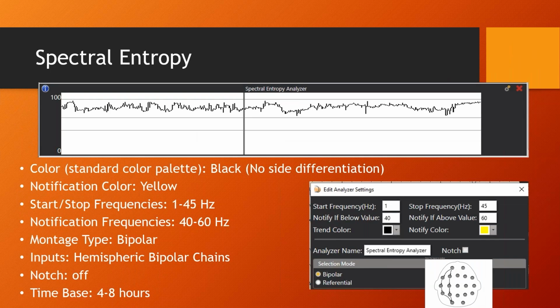Typically if people are going to use the spectral entropy, they may want to set some sort of an alert that tells them that the spectral entropy value is above or below a specific value. So you're allowed to set the values here. Otherwise, the main things you change are which electrodes you include, the stop and start frequencies, and things like that.